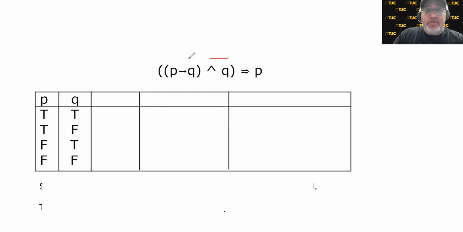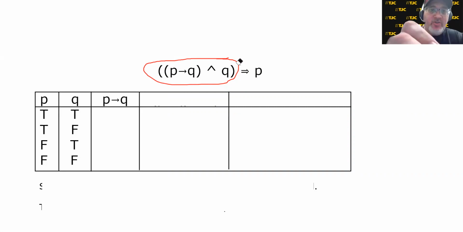We do have a set of parentheses, but inside of that, we have another set of parentheses. So we're going to start with a conditional P pointing to Q. Once we do that set of parentheses, we are not done with the outer set of parentheses because there is still a conjunction on the inside. So that conjunction and the things on both sides of it will be the second column.